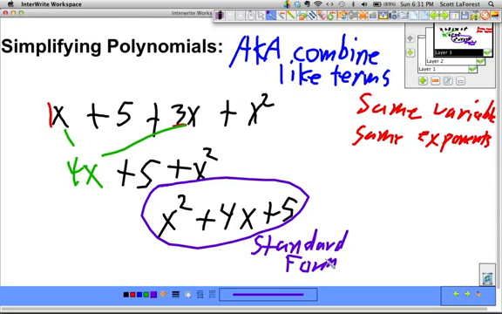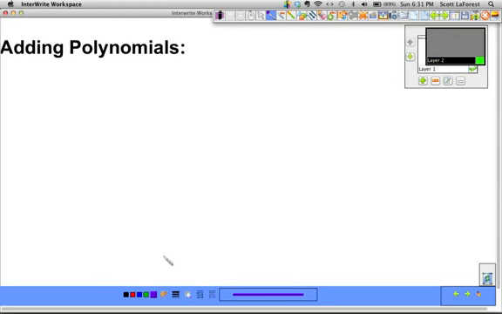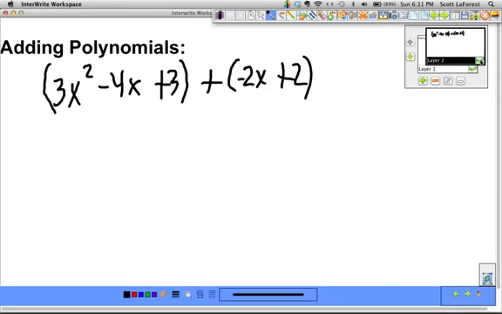So that's simplifying polynomials. We might also be adding or subtracting polynomials, which we'll get to here on the next slide. Okay, so again, adding or subtracting polynomials will pop up our problem here.